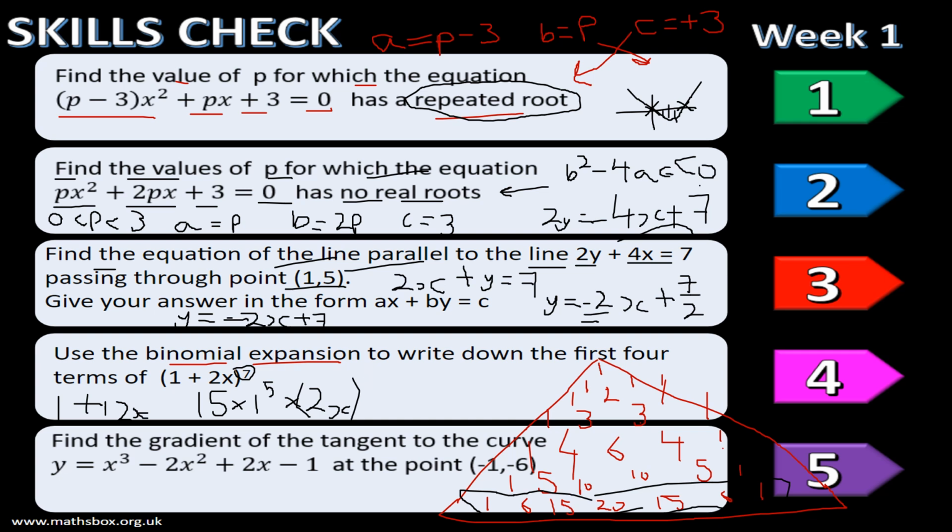Remember the powers always have to add to make 7. 2x all squared is 4x squared, because 2 times 2 is 4, and x times x makes x squared. Times 1 times 15, so that'll be plus 60x squared.